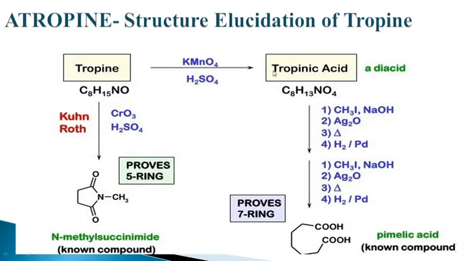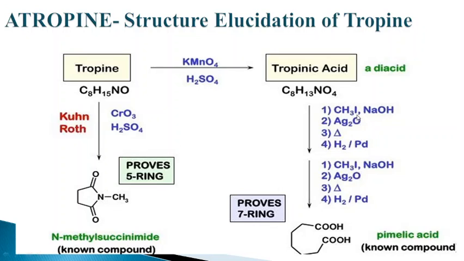Tropine, when subjected to KMnO4 oxidation, forms tropinic acid, which is a dicarboxylic acid. This tropinic acid, when subjected to Hofmann's exhaustive methylation twice, this is the first part of Hofmann's exhaustive methylation.